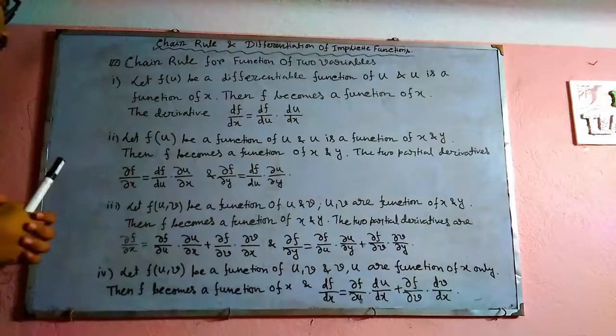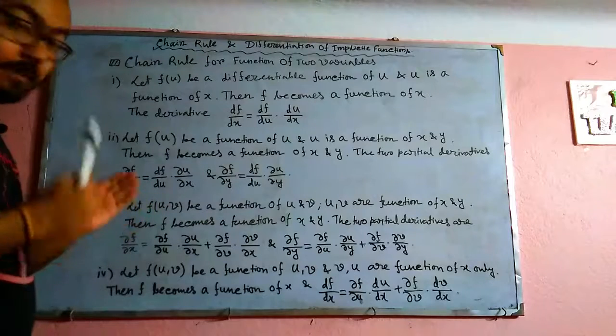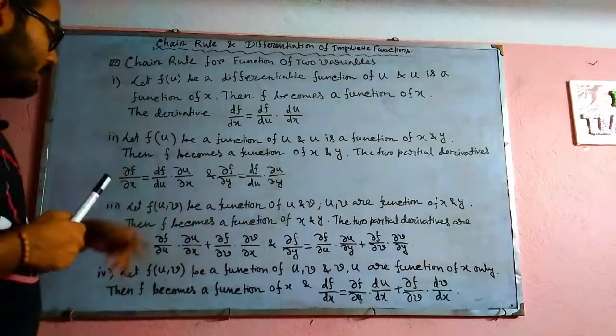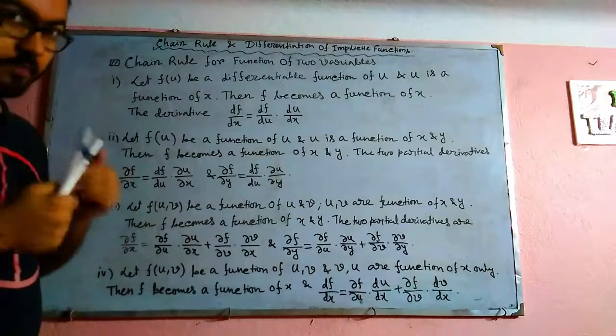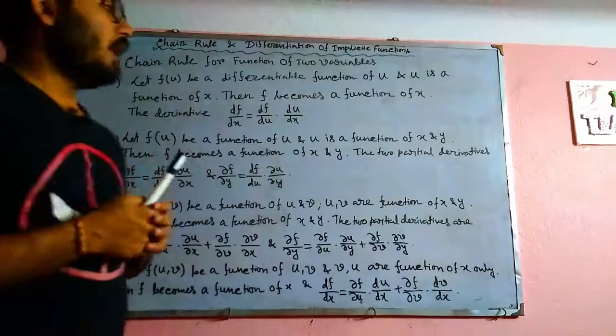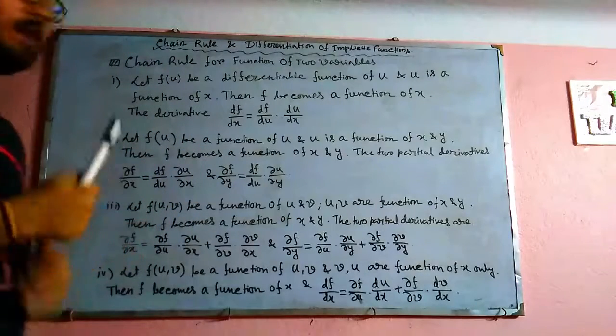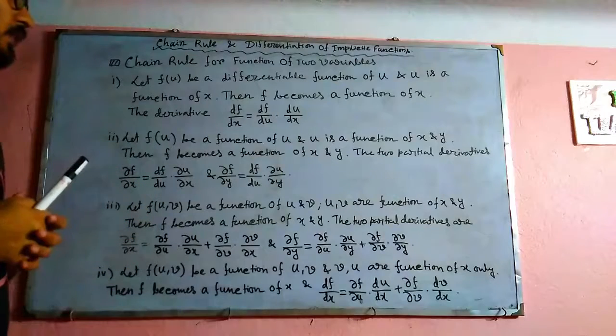Now rule number 3. Let f be a function of u and v, and u and v are functions of x, y. Then f becomes a function of x and y.